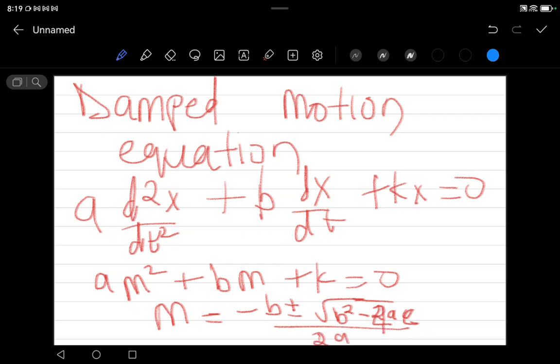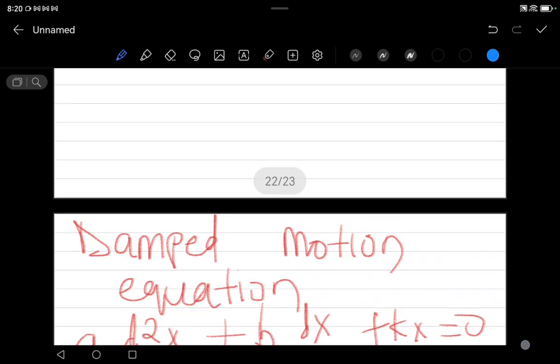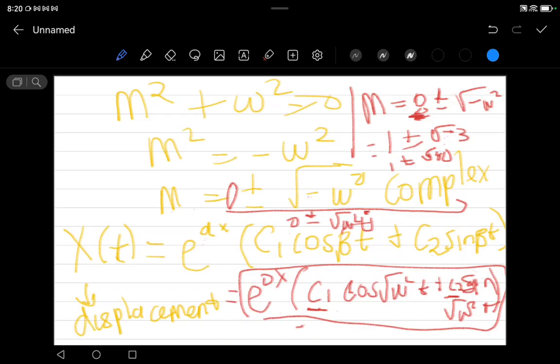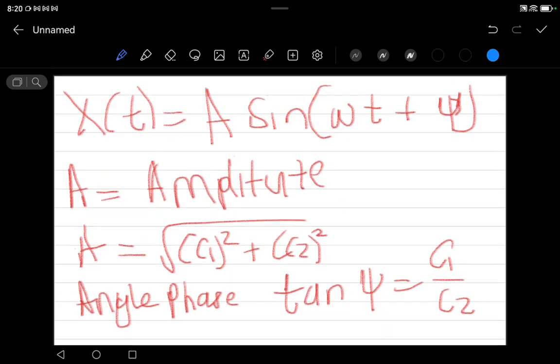So here in the damped motion, to solve for m, we're going to use the quadratic formula, and then we're going to get complex roots. We're going to get m, and then the displacement is still going to be the same as in undamped motion. Still going to be e to the power of alpha x times c1 cos beta t plus c2 sin beta t.